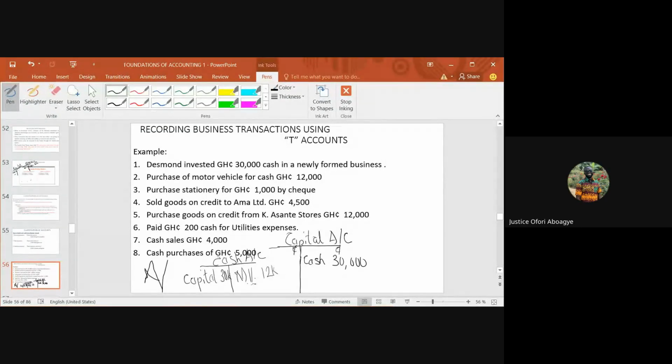It's just purchases and cash. Payable comes in when the question is telling you on credit. Receivable also comes in on credit. So if the question is telling you for cash, there's nothing like payable or receivable.